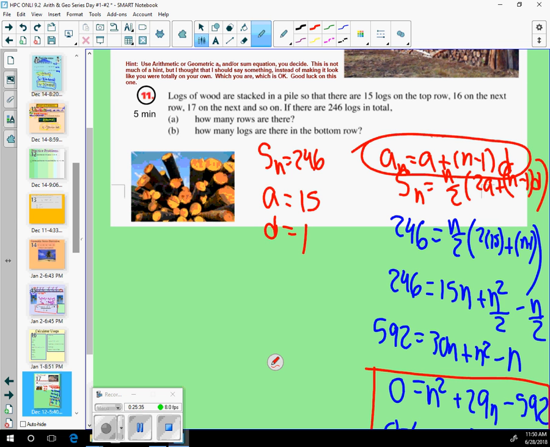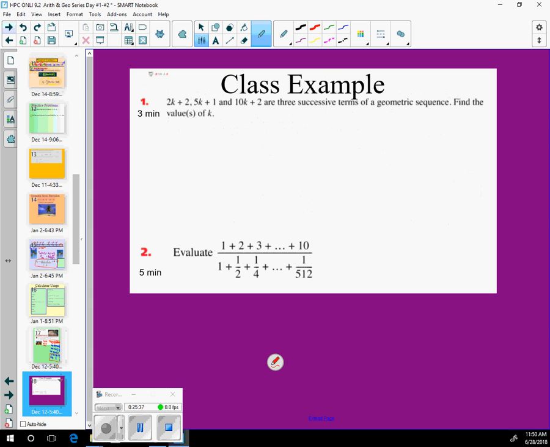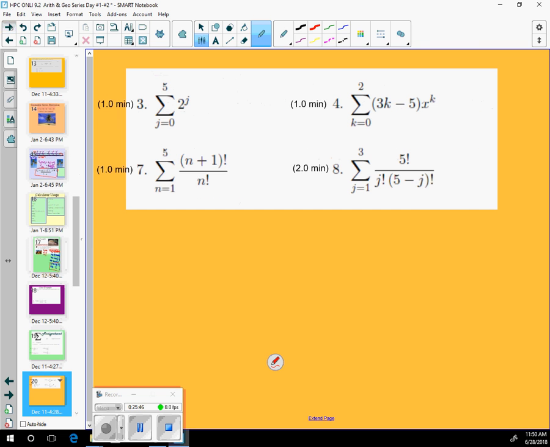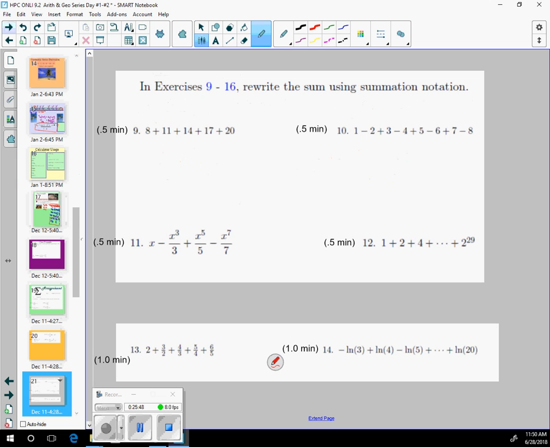And that should wrap up. We can do some more class examples using those formulas. But I think you're ready for the assignment. So here's some sigmas. You're going to set these up. Make sure that you can set these up. Look for a common difference. Like this is 3. So that's going to be 3 times n.